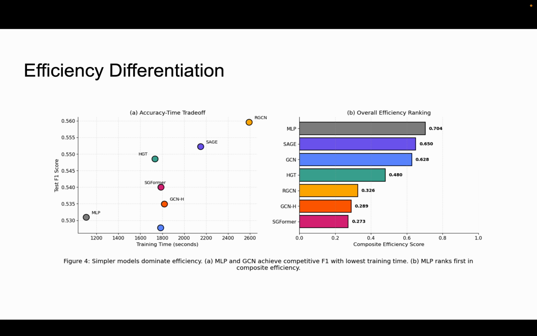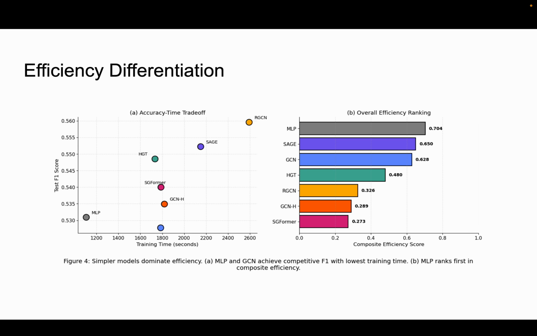Whereas if time is your limiting factor, you might be able to get "free" performance improvements by conducting more thorough model selection. We can see the heterogeneous graph transformer, SGformer, GCN, and GCNH all take similar levels of training time. However, there is meaningful separation in terms of performance.